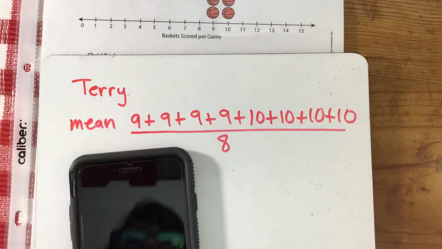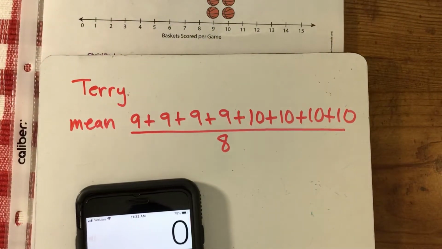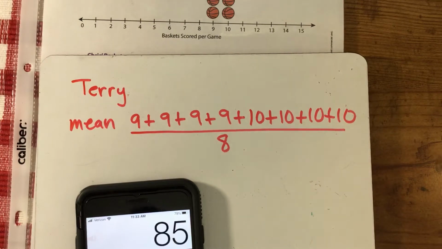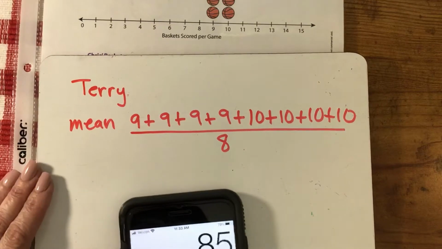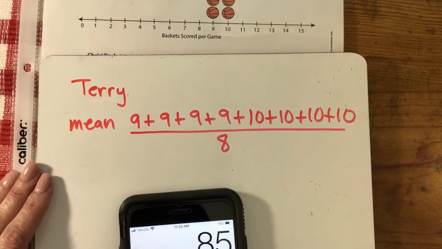If I'm going to add that up, and you're welcome to use your calculator, I'm going to use mine as well. So I've got 9 plus 9 plus 9 plus 9 plus 9 plus 10, 20, 30, 40. You should have 85. I hope I did that right.